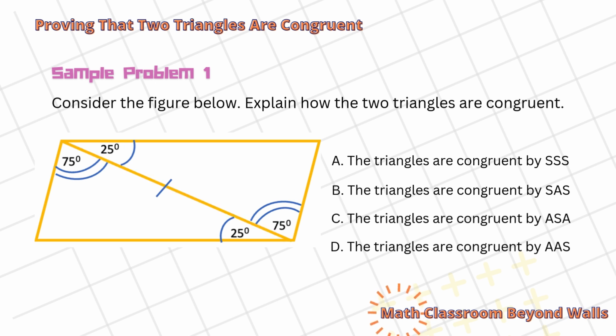How about the other triangle? Do you see the same thing? On the other triangle, the following are marked: the 25-degree angle, the shared side, and another angle having a measure of 75 degrees. Can you tell us what these markings on the 2 triangles suggest? You are correct. The markings suggest that the 2 triangles are congruent by ASA.